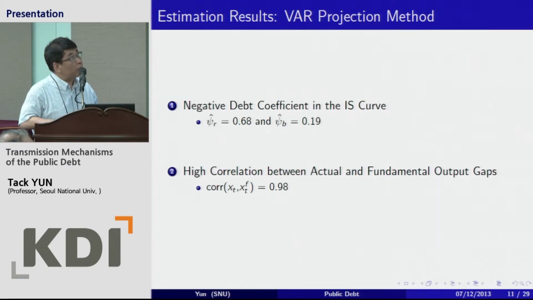And then what is the result? The debt coefficient is still negative, and the coefficient of the interest rate gap is still negative. 0.68 is the coefficient of the interest rate, and 0.19 is the coefficient for the debt. And also, what I found is a very high correlation between actual and model-based outcomes, a correlation of 0.89.